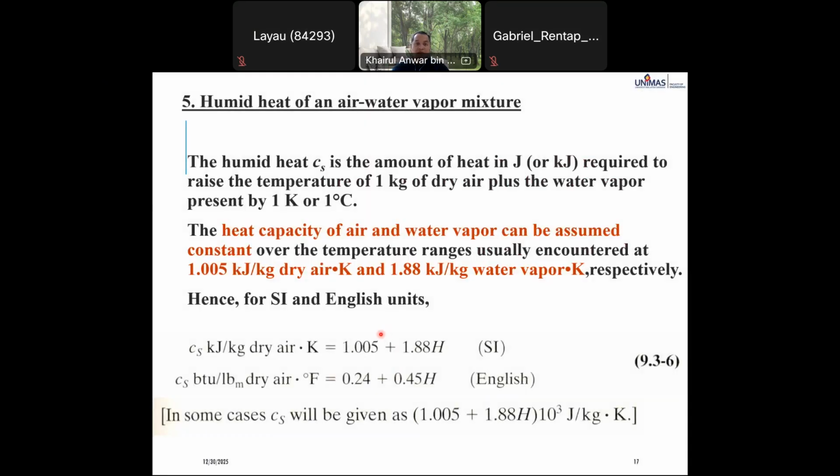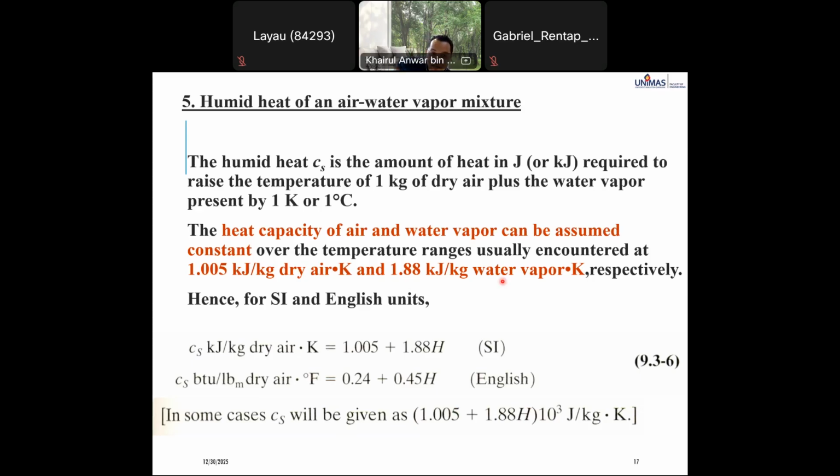Humid heat of an air-water vapor mixture, the humid heat CS, we also refer to the book. It is the amount of heat in joule or kilojoule required to raise the temperature of 1 kg of dry air plus the water vapor present by 1 Kelvin or 1 degree C. The heat capacity of air and water vapor can be assumed constant over the temperature range usually considered, at 1.005 kilojoule per kilogram dry air Kelvin and 1.88 kilojoule per kg water vapor Kelvin respectively.